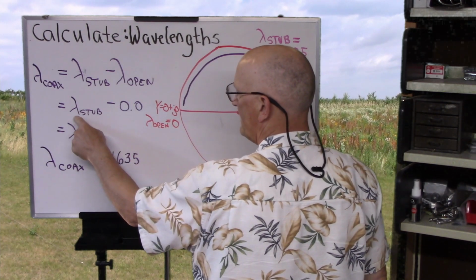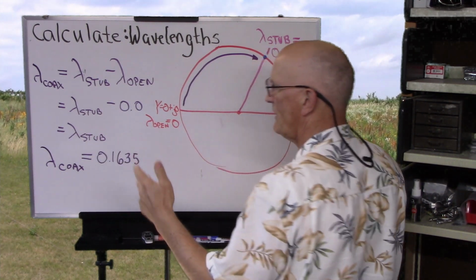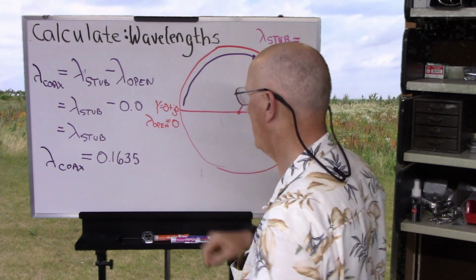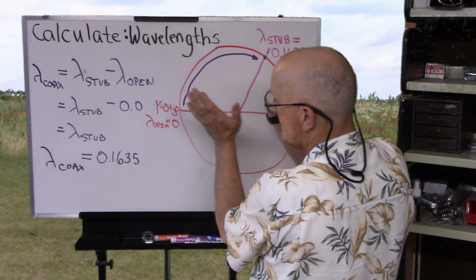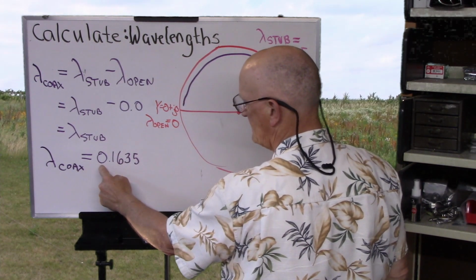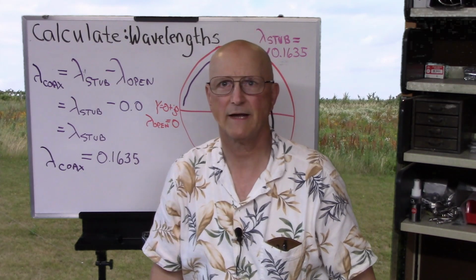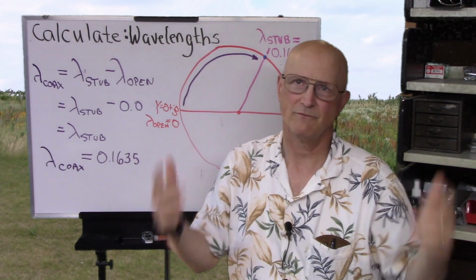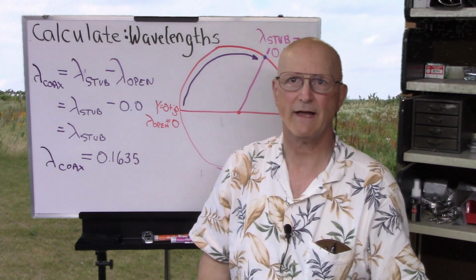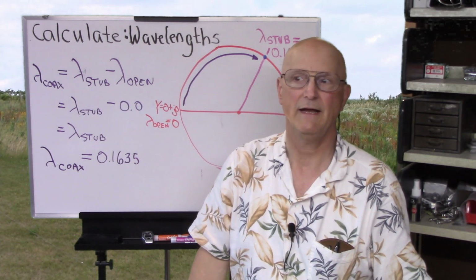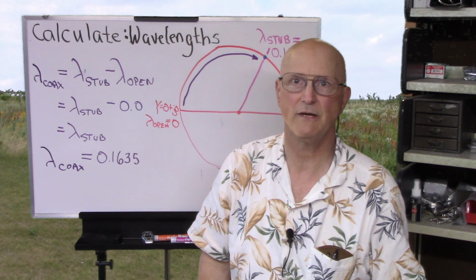So you end up with the lambda sub stub minus 0. Well, that's the same thing as the lambda sub stub. So our stub piece of coax needs to be 0.1635 wavelengths long. But like before, we need to figure that out in inches so that we can get out our handy dandy ruler and actually measure a physical piece of coax.